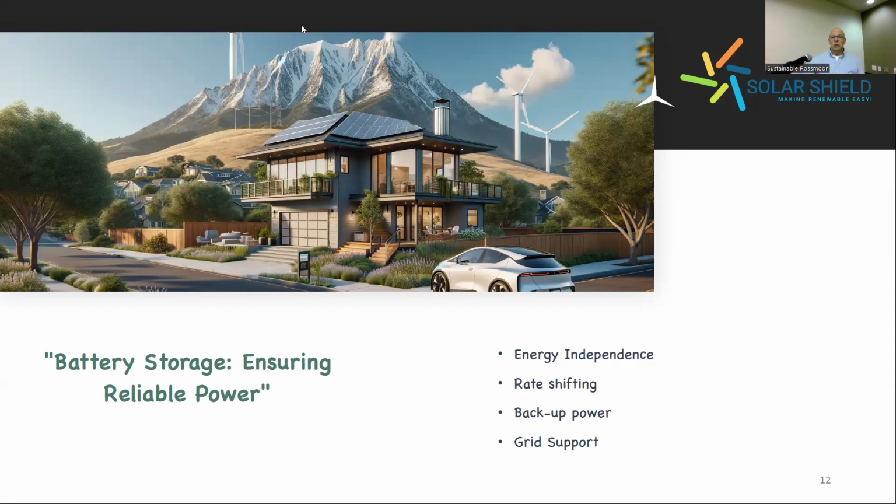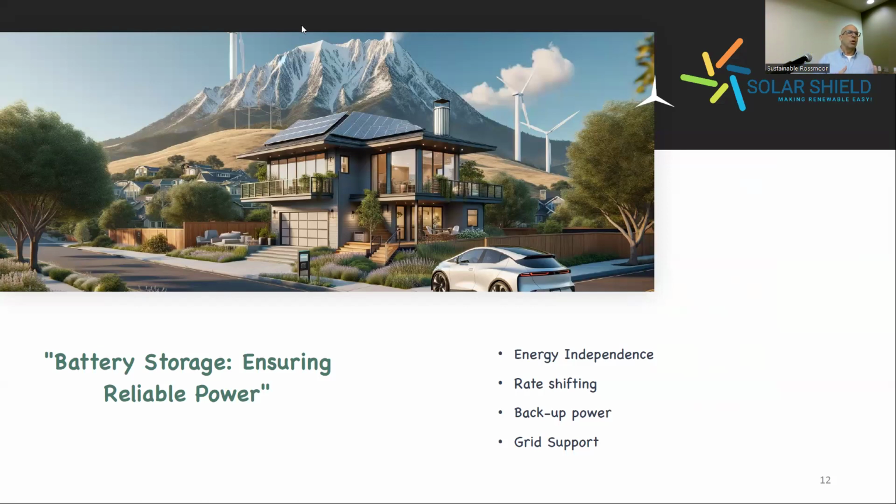Of course, it got a little more expensive because now batteries have to be added onto the system, which causes, of course, extra cost, but we'll talk about the cost later. The batteries allow us to become energy independent, and they allow us to shift the rate. So you saw the rate from PG&E has a peak between 4 and 9 p.m. later in the afternoon, when most of the time solar is already winding down, not a lot of power is coming out from there.